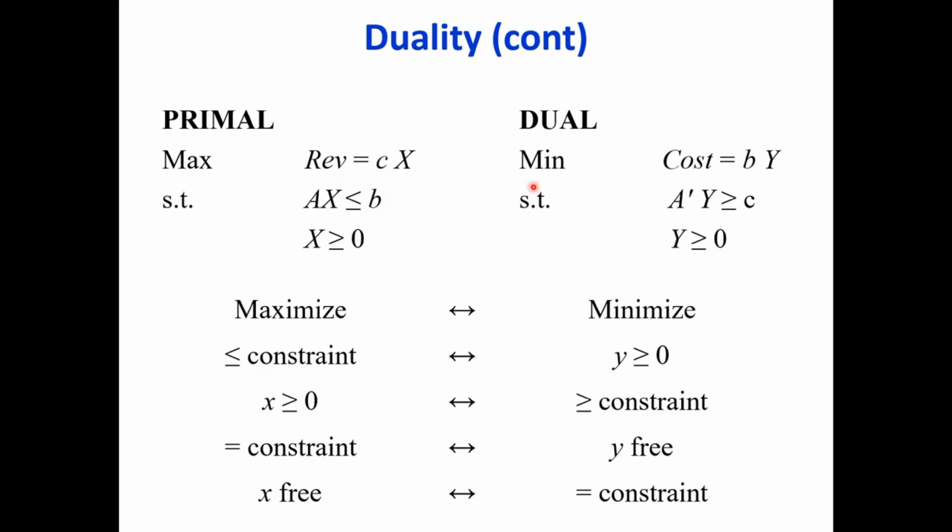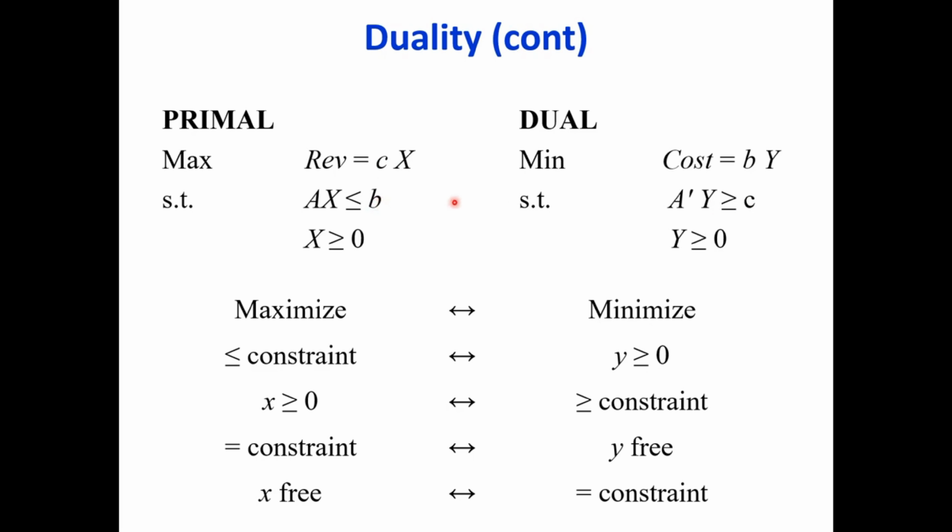We've taken the revenue, and now we're minimizing cost, where cost is b times y, where y is a vector of dual variables or shadow prices. We have a less than or equal to constraint, and here we have a greater than or equal to c, where c is from here.